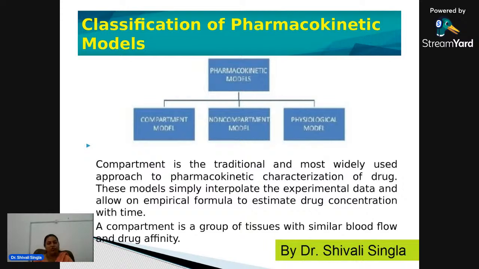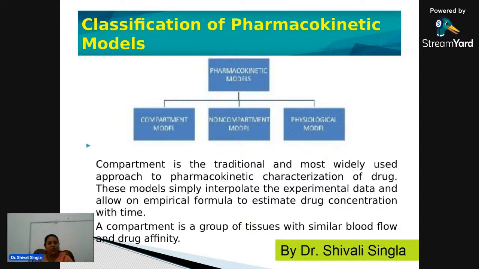A compartment is a group of tissues with similar blood flow and drug affinity. Now, why is it called compartment modeling? If we assume the body as a single compartment, then it is also a compartment. But if we distribute the whole body into different tissues, then one tissue or a group of tissues comprises a compartment.